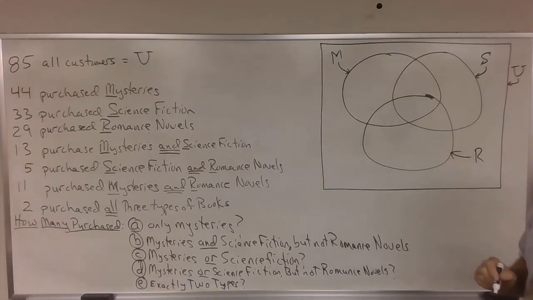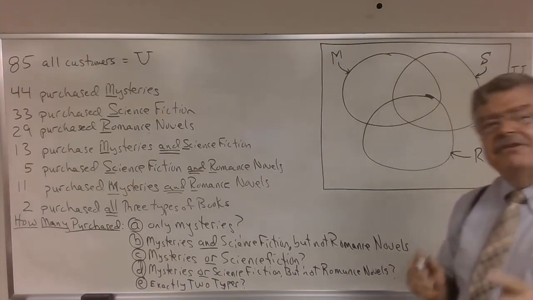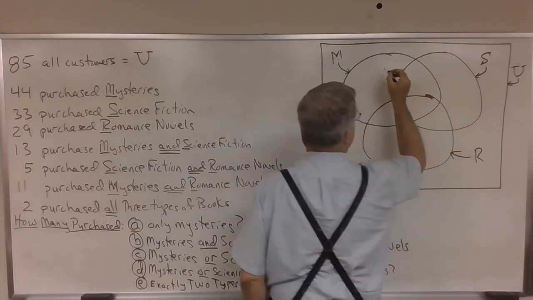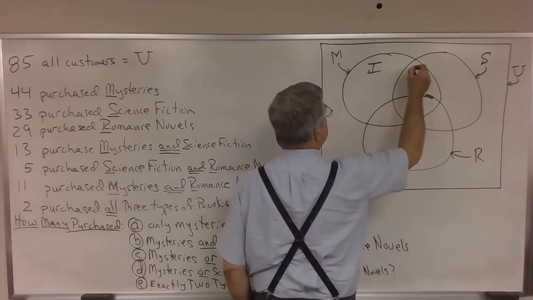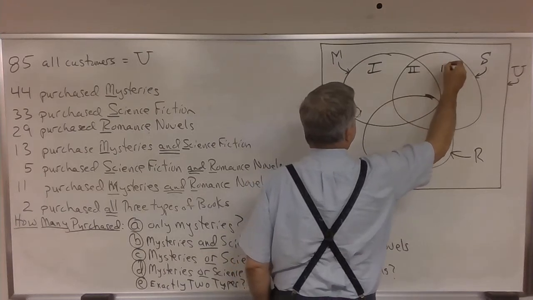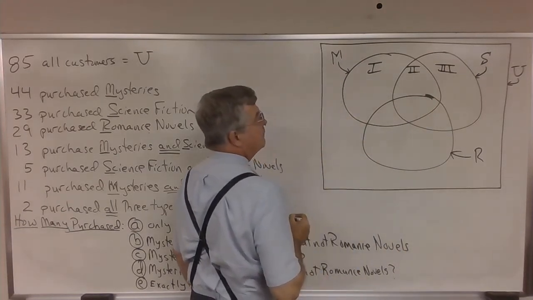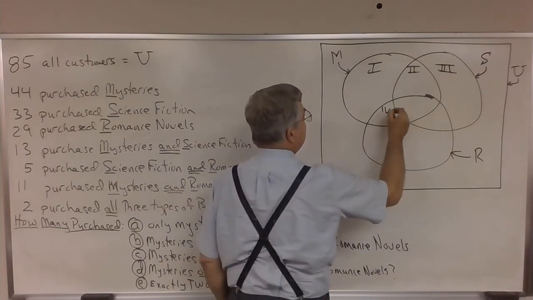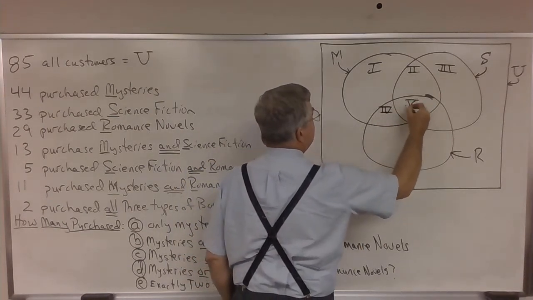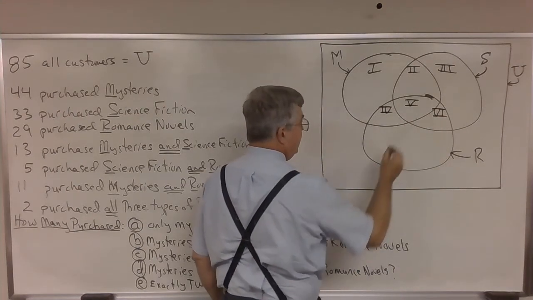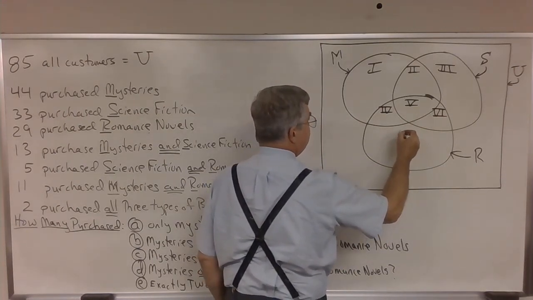And now we'll label our disjoint regions, going from left to right across the top: 1, 2, 3. Going left to right across the middle: 4, 5, 6. And then this one's region 7.